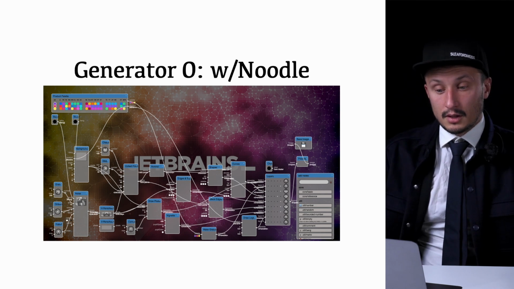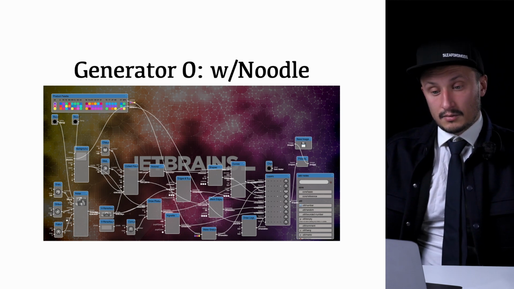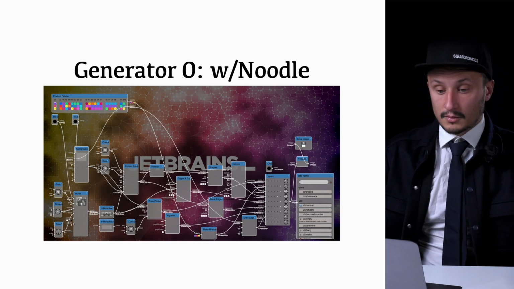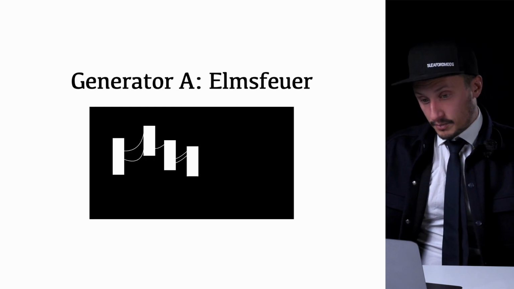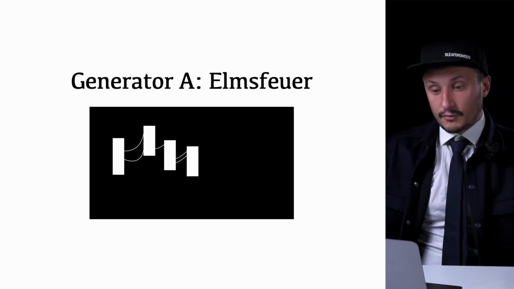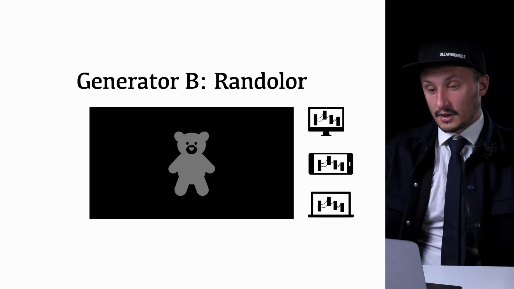So we can group several controls in one node, for example, and also use this detachable functionality, so that the groups of nodes are used on different devices, and your workspace is not covered with these noodles. We plan to do it for Elmsfire and Randalore and everything.